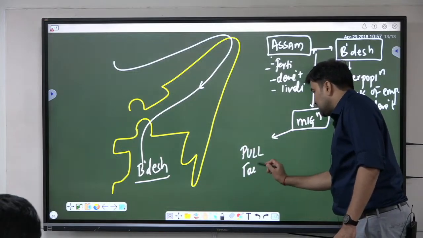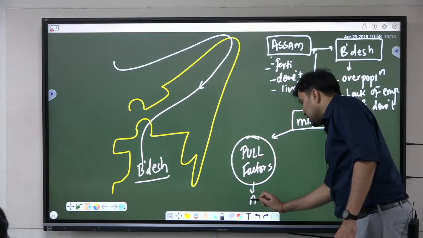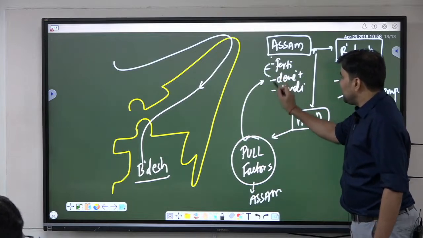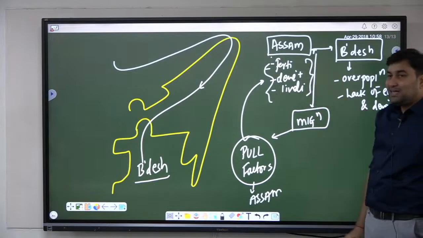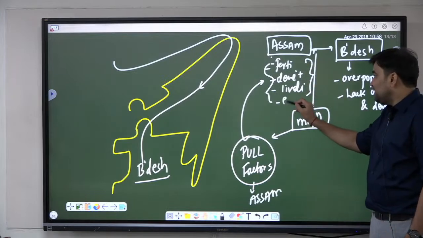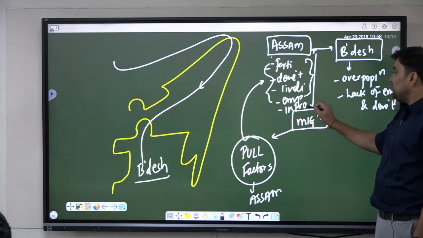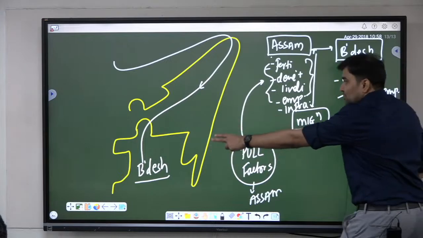Pull factors of Assam. Why? Because of fertile lands, employment opportunities, development, basic infrastructure. Because of these 5 points, people will tend to move from Bangladesh to Assam.